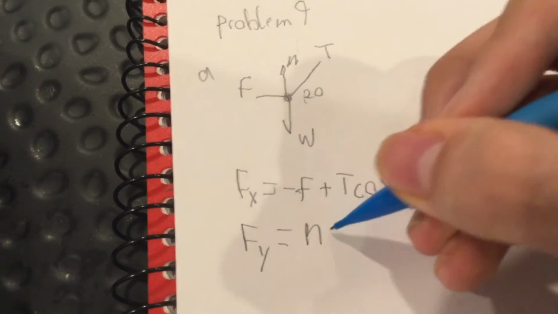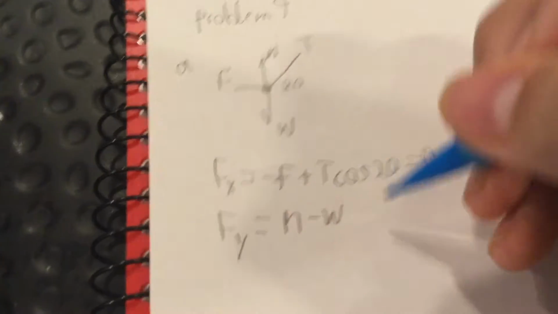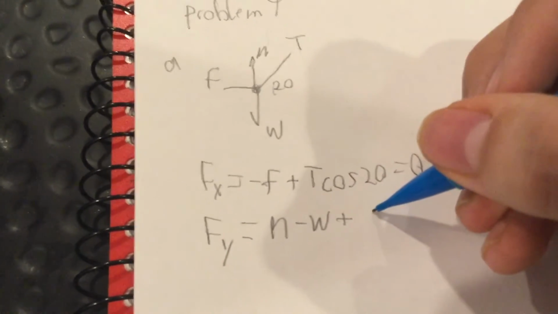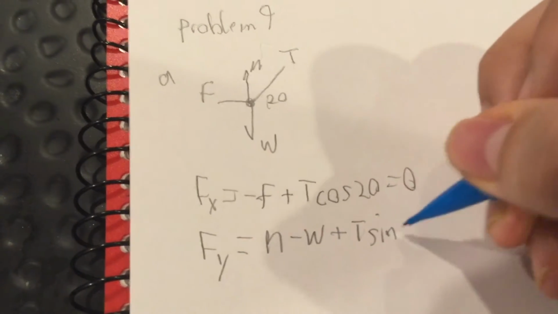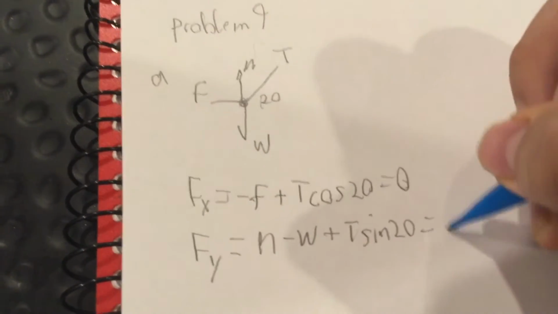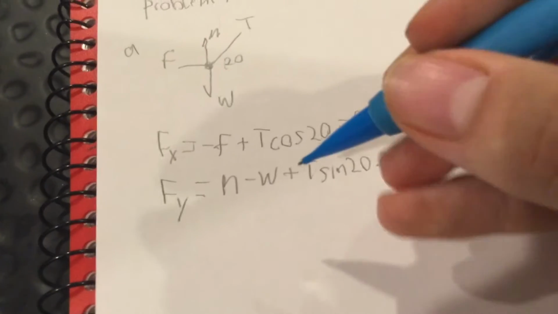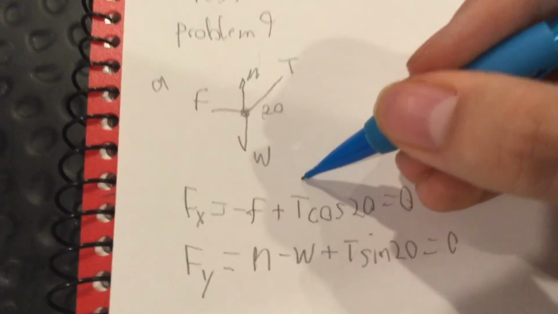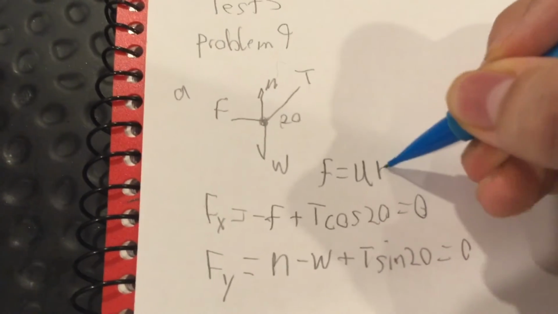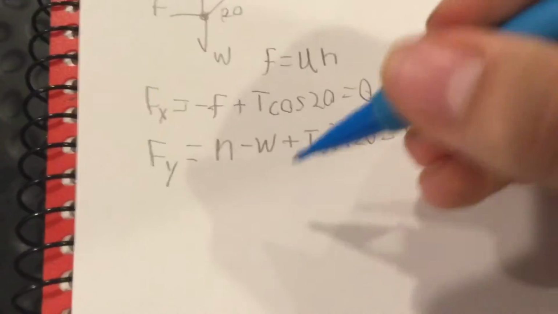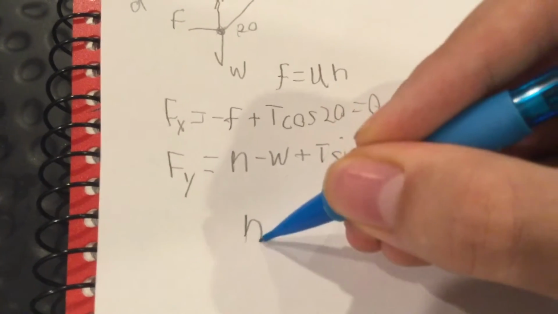We'll have N minus W plus T sine 20 equals 0. We'll solve for the normal force because we know that friction equals nu times normal. So we'll solve for the normal.